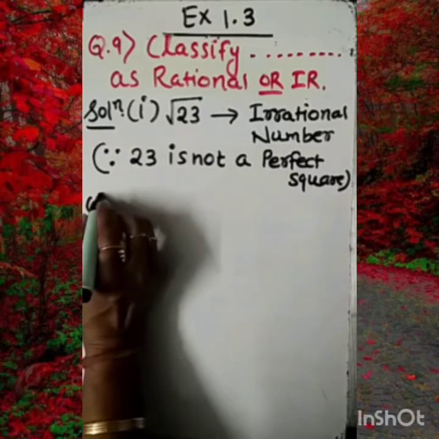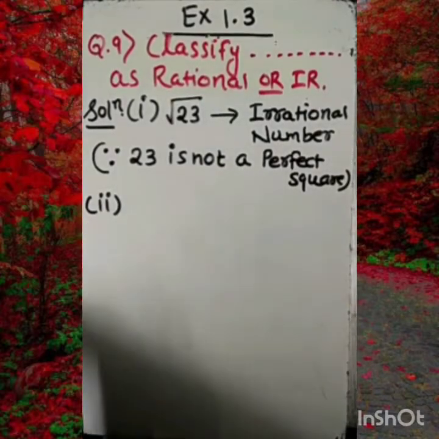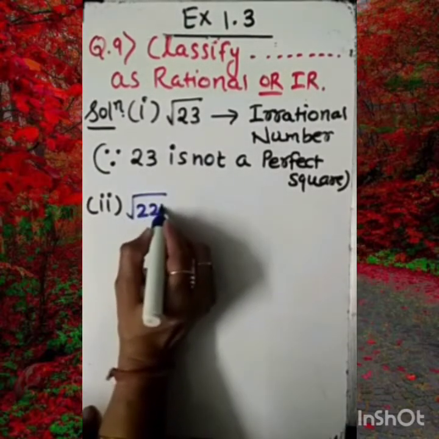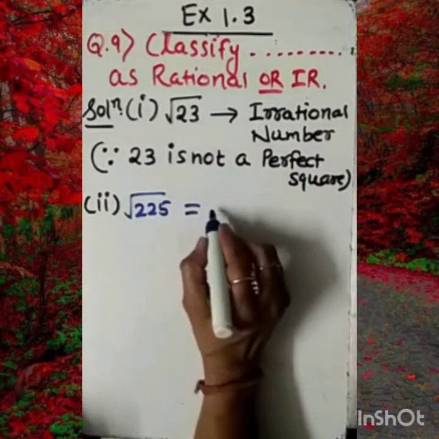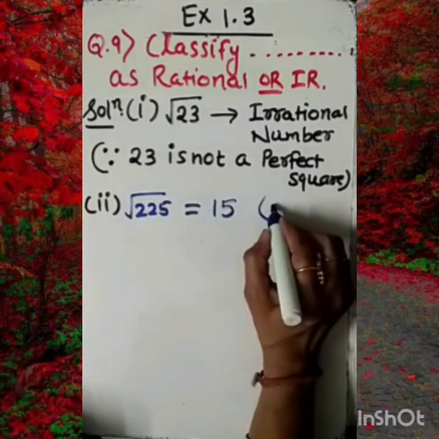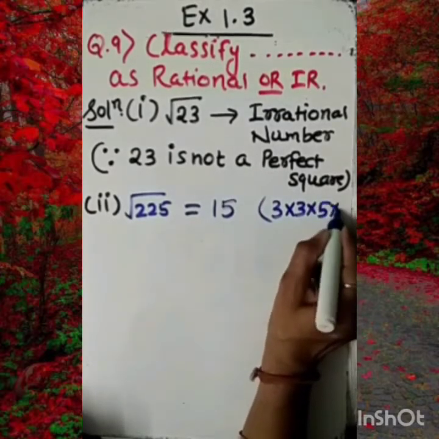For the second, let's see the second example. The question is under root 225. Now, if I ask you for under root 225, you are all very well aware of the square root of 225. It will be 15. You can mention its factors: 3 into 3 into 5 into 5.